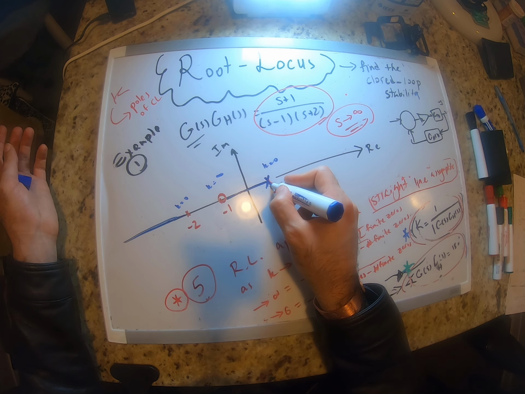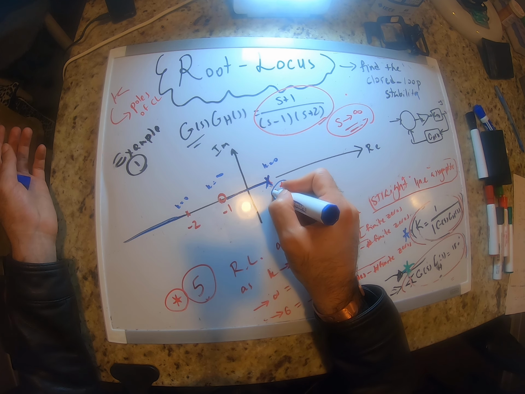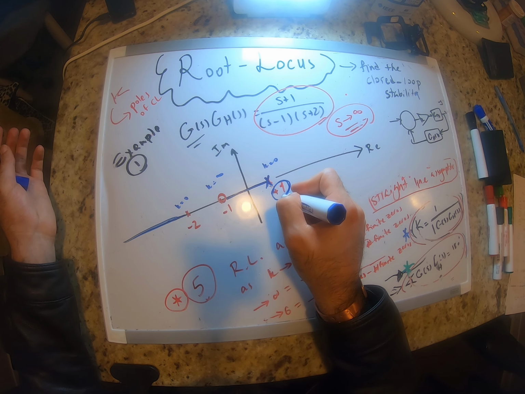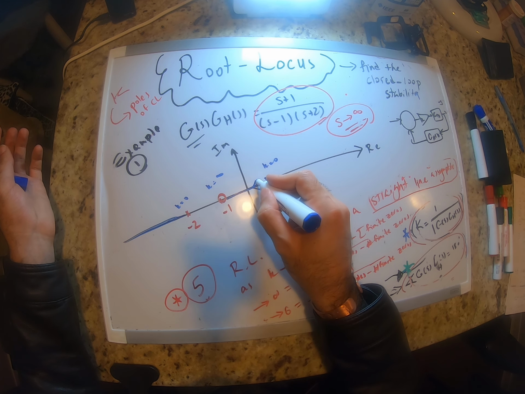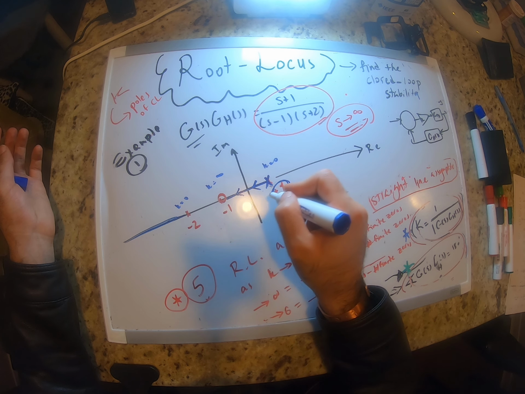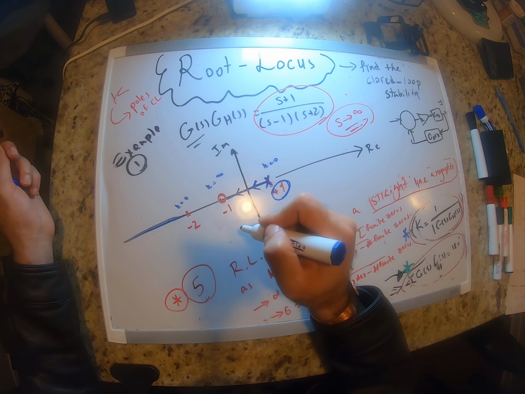If k is equal to 0, one closed loop pole is gonna be here, and it's gonna move towards -1 as k increases from 0 to infinity.